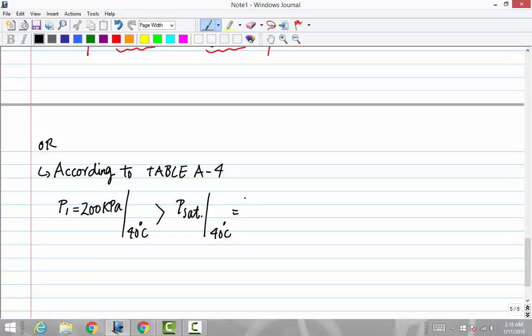Assuming it was saturated liquid, the pressure was supposed to be that magnitude, but now it's 200, which means we have subcooled or compressed liquid.